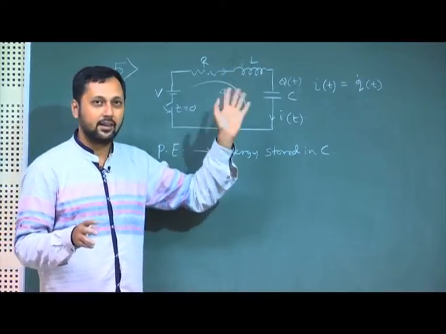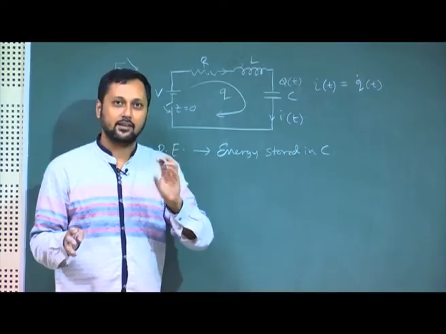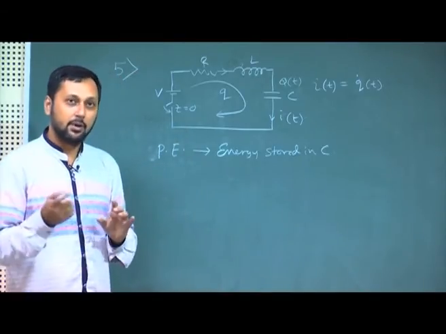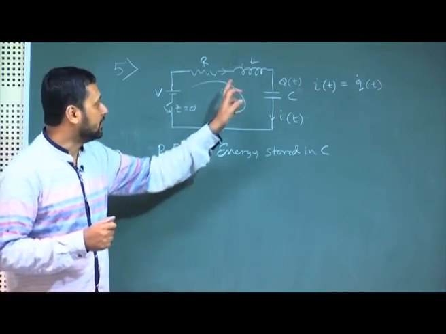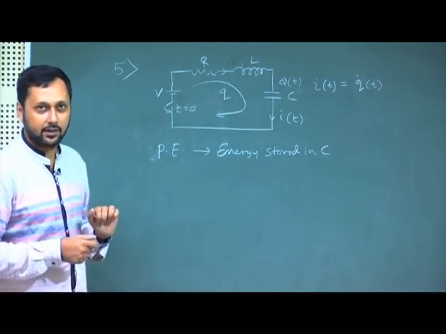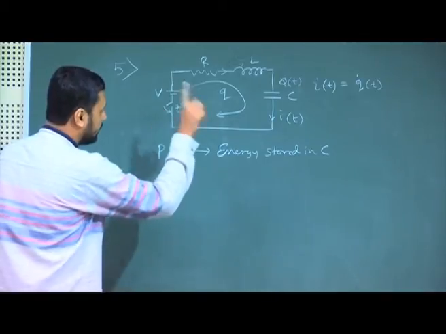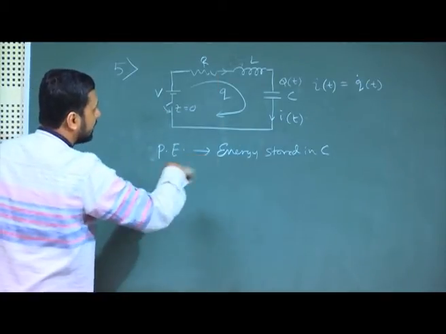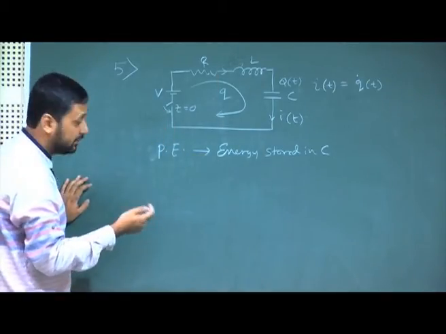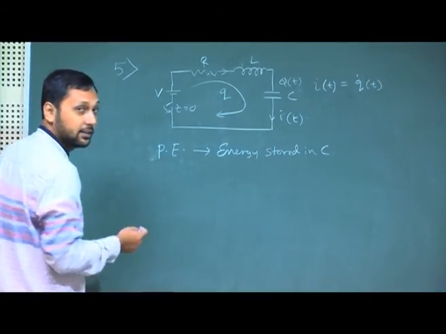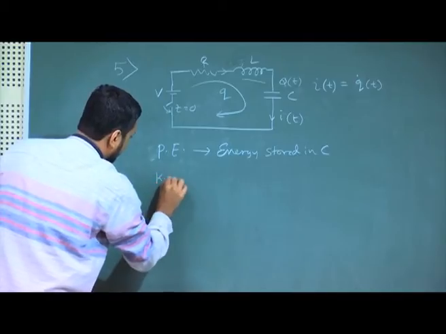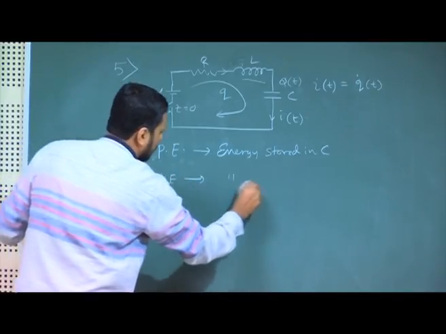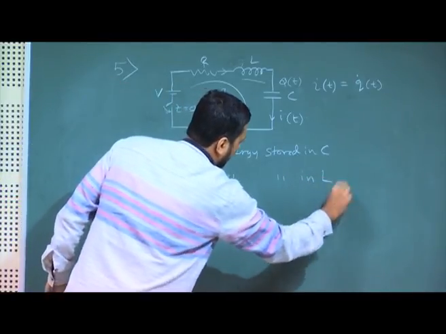Whatever resistance it has, only that has some effect, otherwise it will not change. But in an AC circuit, because the current is a time varying function, the inductor has a finite effect. Okay. So, because it is related to the dynamism of the system, dynamism as in when the current is changing as a function of time, only then this comes into account. So, kinetic energy is the energy stored in L.